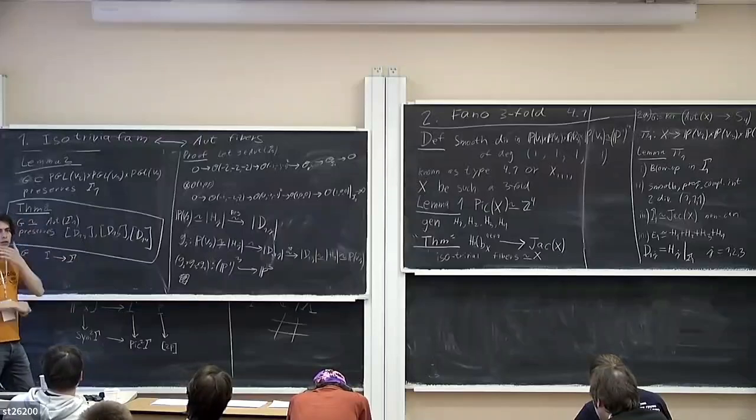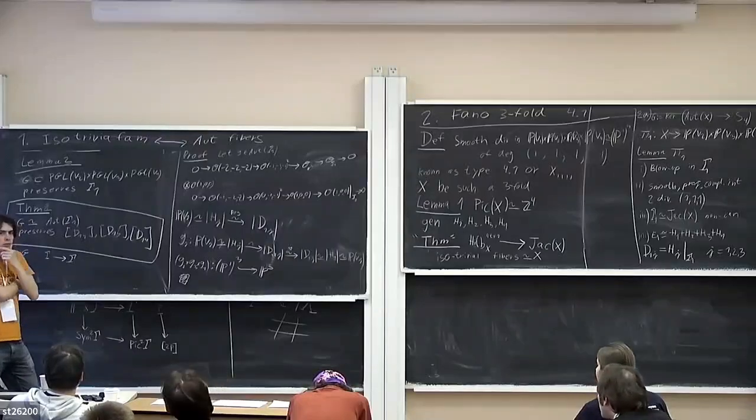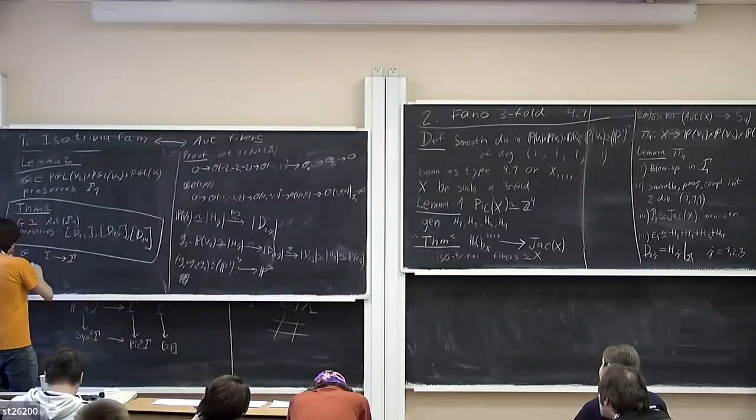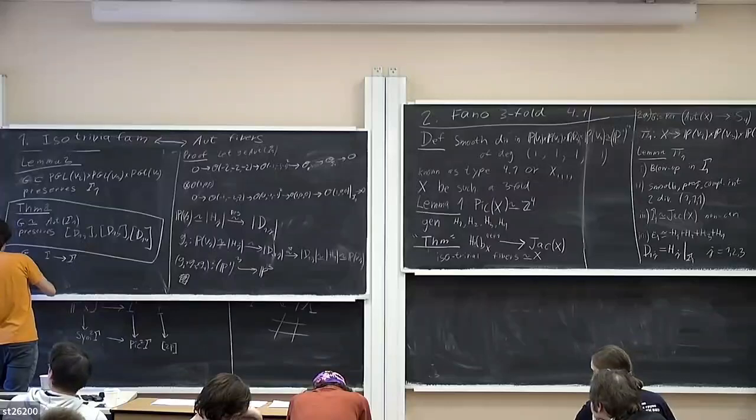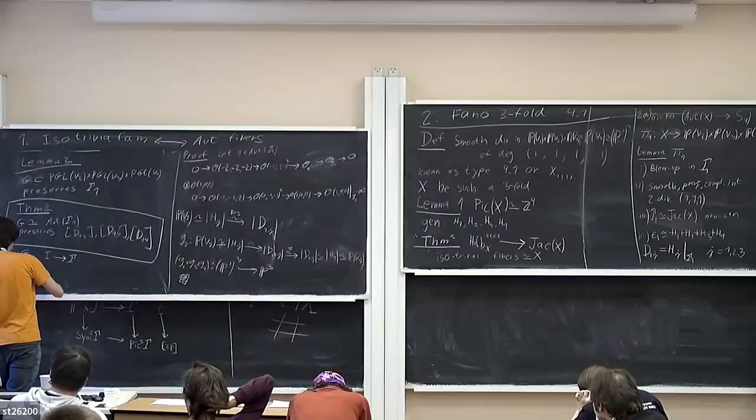And yeah, so basically, if we have some torsion elements, as before, we have torsion elements, say T1, T2, and T3 in Pic 0 of gamma.